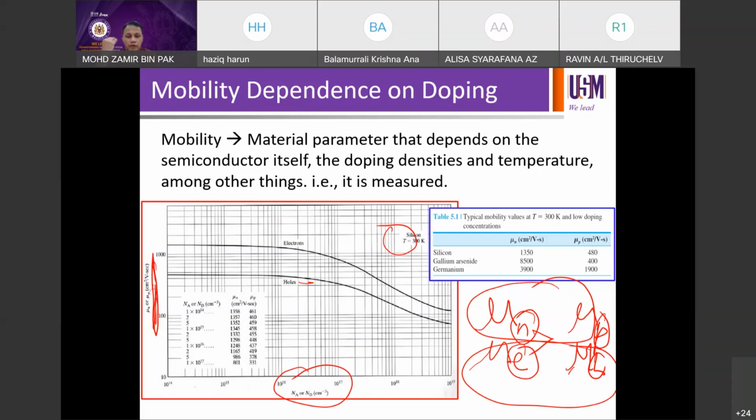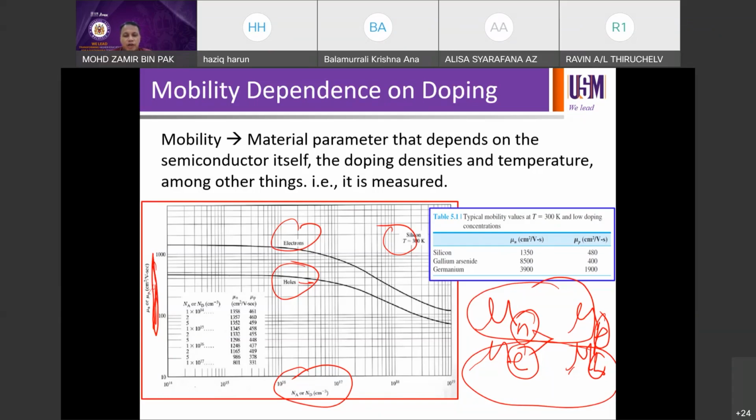The lower curve is for holes, right? So what is the value of mobility for your electron at the doping level of 1 times 10 to the 16? Okay, 2500, right? Any other answers? Anyone else? Sorry, not wrong, you just misread the scale. So what is it then? Go to 1 times 10 to the 16.